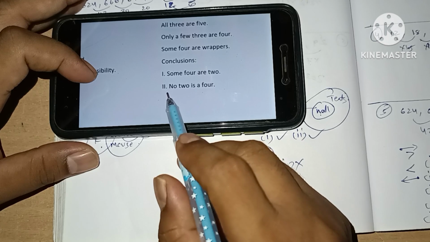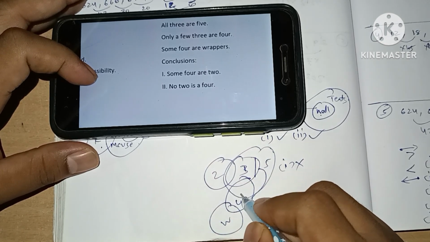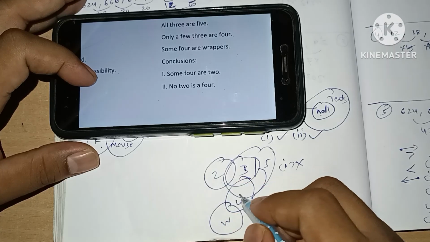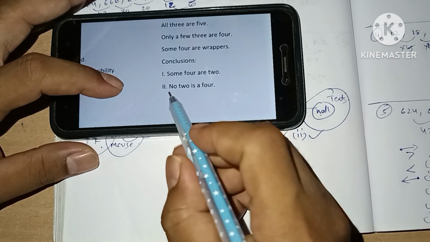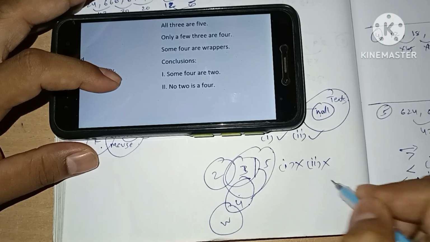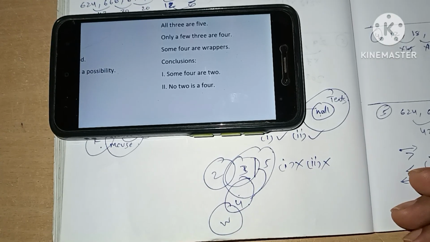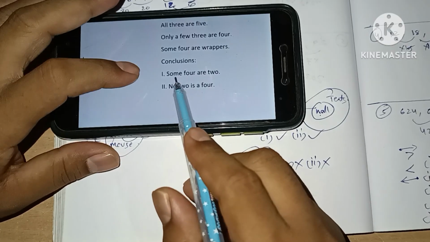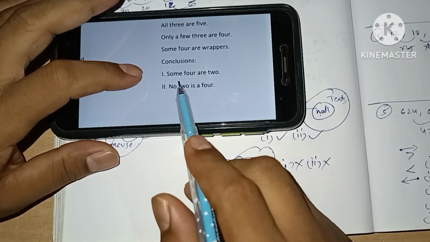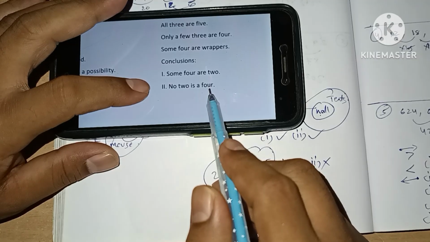We check whether some 2 can be 4 or not. Some 2 can share with the 4, as we can share some part of 2 with the 4. Some case is possible here, so no case fails. But in our conclusions, some 4 are 2 is a positive statement, and no 2 is a 4 is a negative statement.